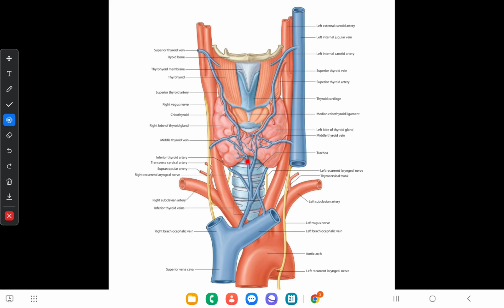Thyroid arteries are large sized and show arterial lobes in order to accommodate the upward and downward movements of the thyroid gland. Superior thyroid artery is a branch of the external carotid artery. It descends to the superior pole of the lateral lobe of the thyroid gland, accompanying the external laryngeal nerve.